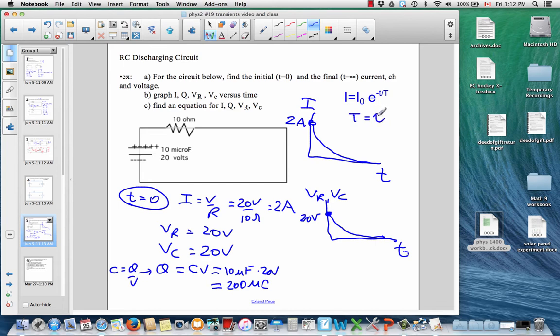Tau. We're going to prove in class that this is actually equal to the product of the resistance and the capacitance, R times C. So a derivation of that will follow, but let's just use that idea and do one more example together.